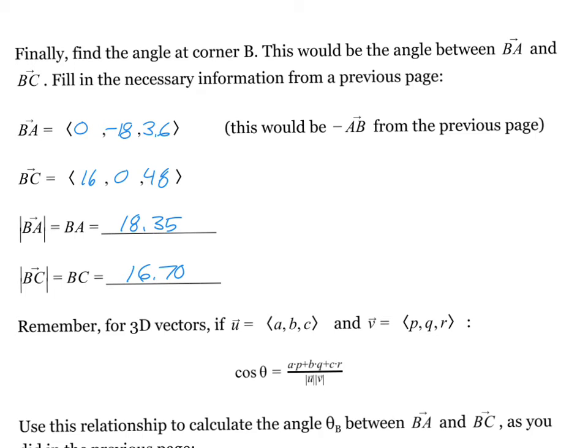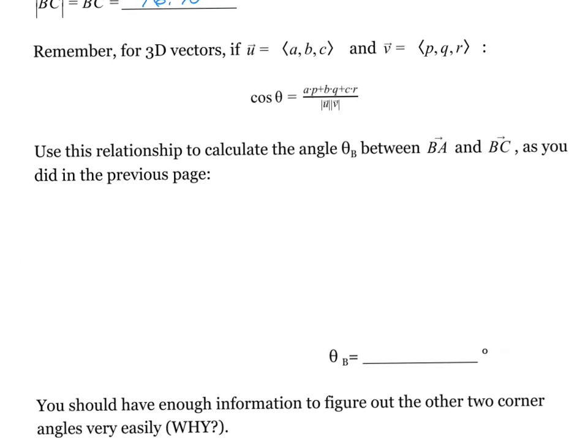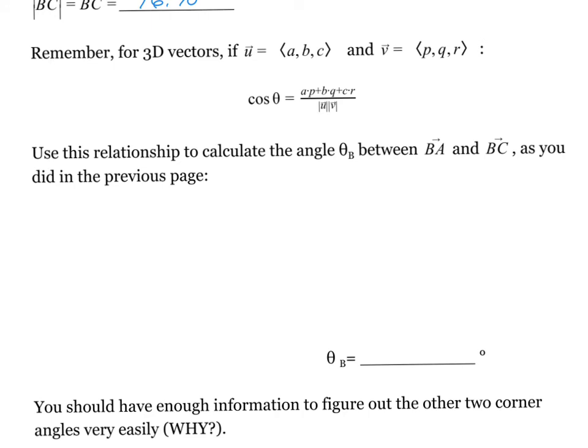All right, so the explanation for what we're doing next is really covered well, I think, in the previous video, so I'm not going to go into it again. I'm just going to do the math. So cosine of theta b, that's the angle formed at vertex B on the roof, is going to be 0 times 16.